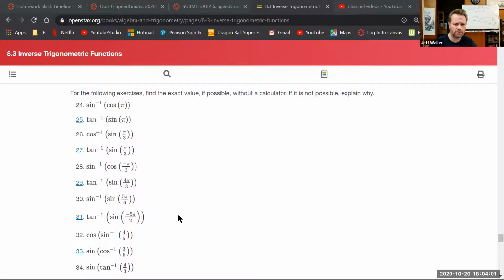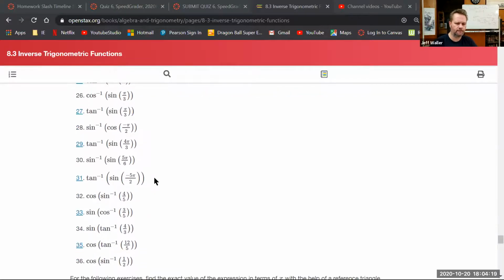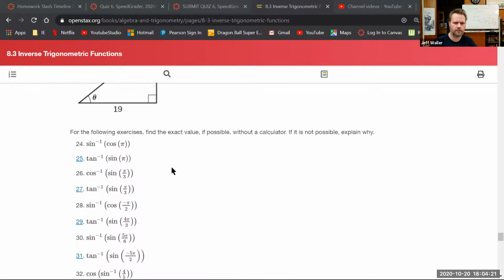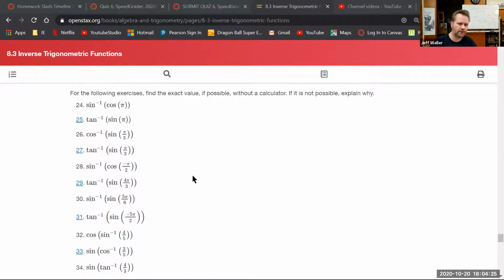What I'm saying is it wouldn't be possible to do it without a calculator. Not impossible to do, but impossible to do without a calculator. It asks for the exact value, so if it's not possible to find an exact value, you have to explain why.